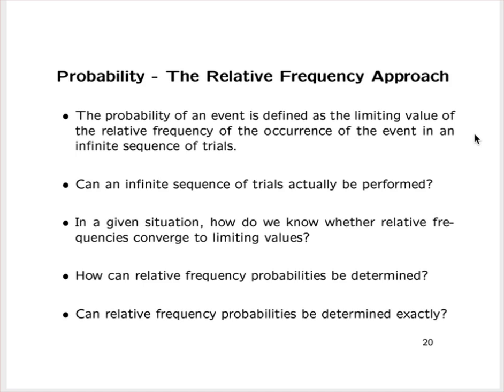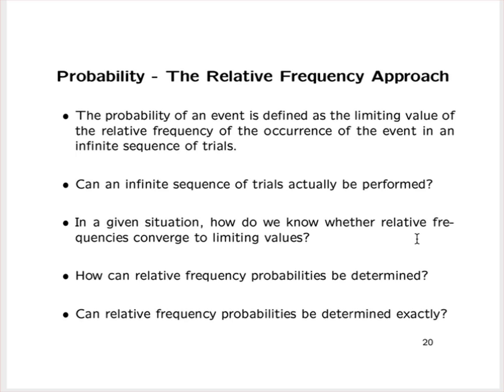Now, here are some questions that I might ask you, and I want you to be thinking about this. From an operational standpoint, can we actually construct or perform an infinite sequence of trials? For example, can we flip a coin an infinite number of times? Now, in a given situation, how do we know whether relative frequencies converge to limiting values?